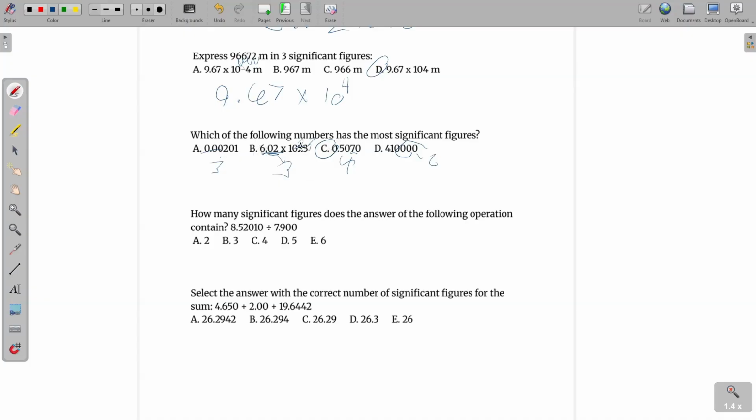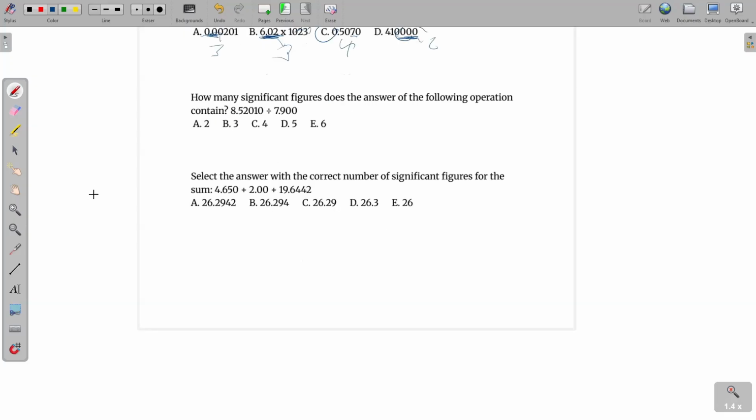This could be 100. This could be 10 to the power of 100. It doesn't matter. What's showing in the front are the significant figures. 3. These leading zeros don't count, so just the 2, 0, and 1, that's 3. These trailing zeros, there's no decimal point, so it's just the 4 and the 1, that's 2. So our answer is C, right, which has 4.